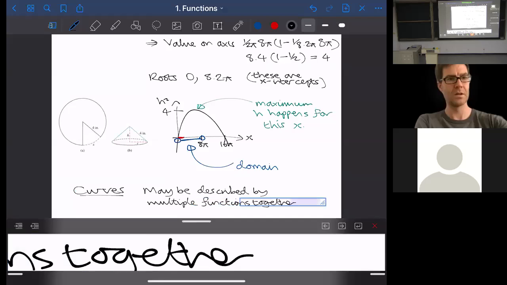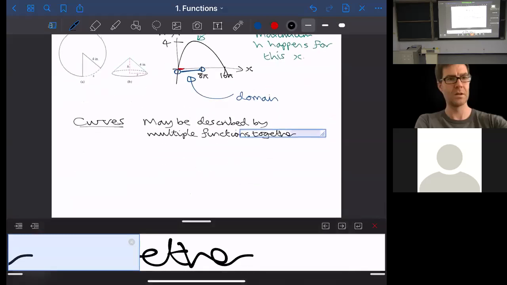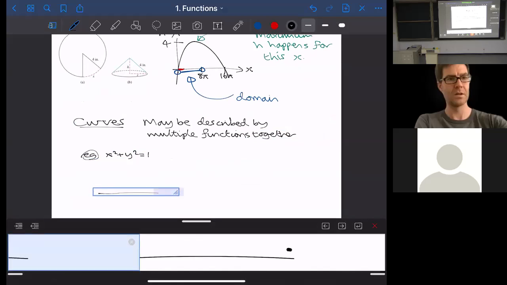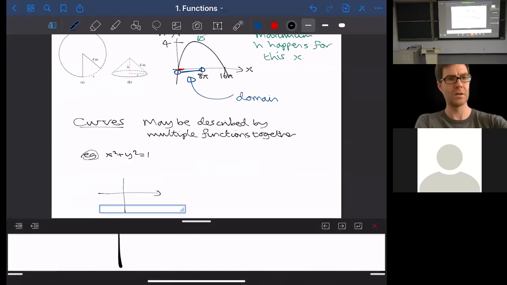So what do I mean by that? So for example, x squared plus y squared equals 1 makes a curve in the xy plane.